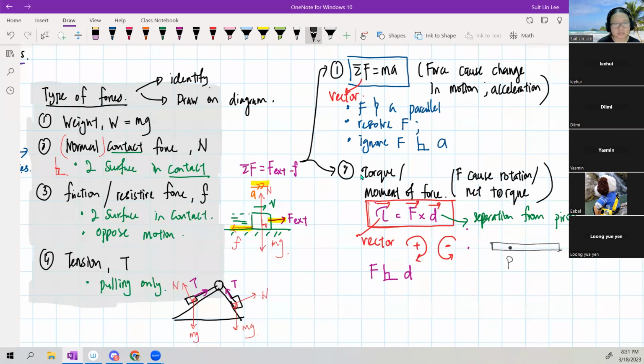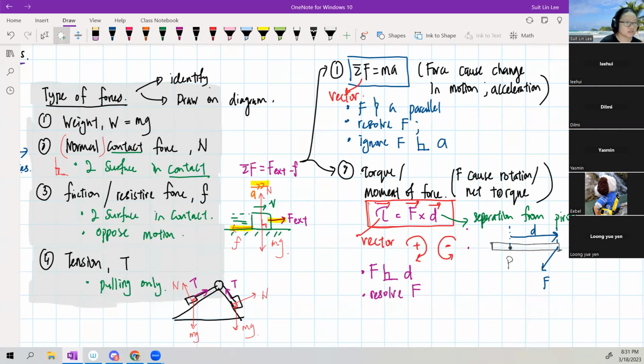This is the pivot P. And you decide to pull it in this direction for whatever reason. So this is the separation from the pivot. You measure the distance from the pivot. And as usual, if needed, the direction is not nice, we resolve F.